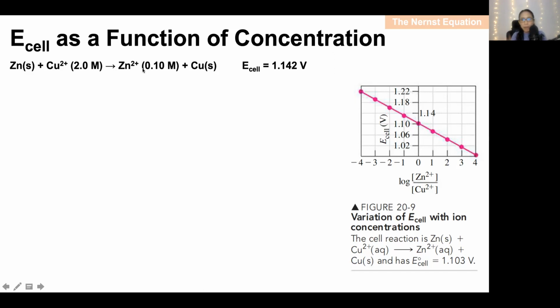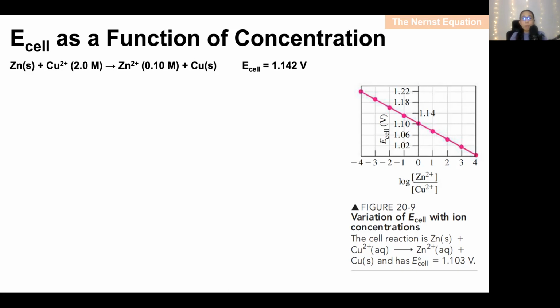So if you look back in the previous videos, you will recall, or maybe you've written it down in your notes, that for this reaction at standard state, you have a standard cell potential of 1.103 volts.